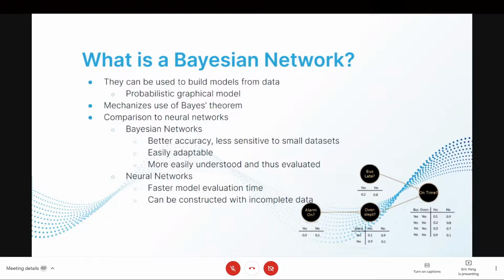As you can see in the picture in the bottom right, there are 5 random variables here: the alarm on, overslept, bus late, and on time. And these variables can depend on the previous linked variables.